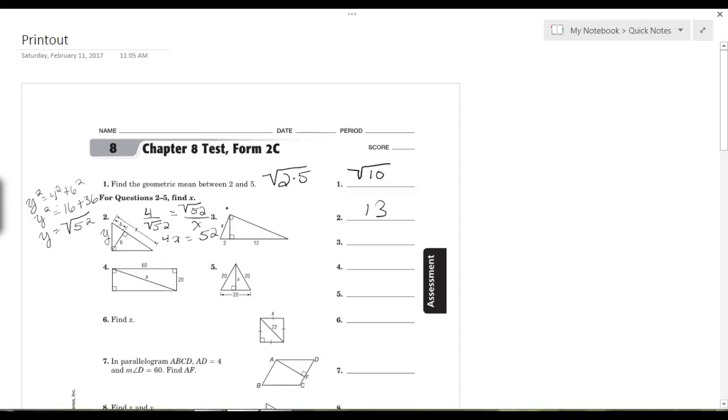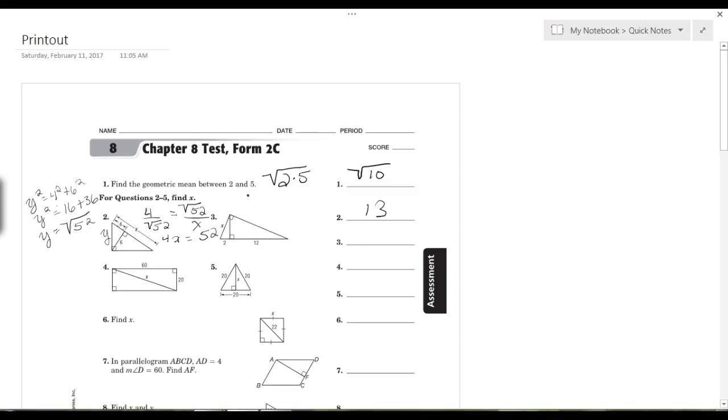My next question is very similar because I have a small triangle and a large triangle that share some sides. So they both share this side right here. This is the hypotenuse of my small triangle, and it's the short side of my long triangle. I also have the short side of my short triangle.